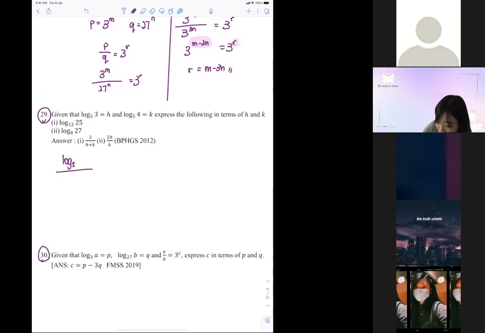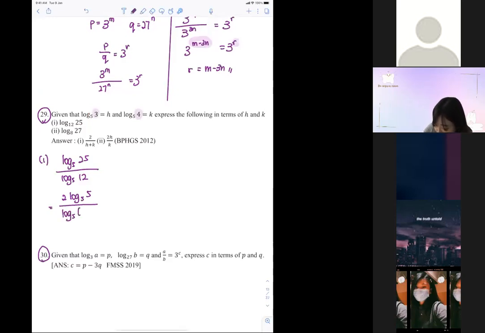So log 5 over log 5, 25 on top, 12 below. 25 is 5 squared, so power brings down. Now this is 3 and this is 4, so you know that 12 right here can change to 3 times 4.